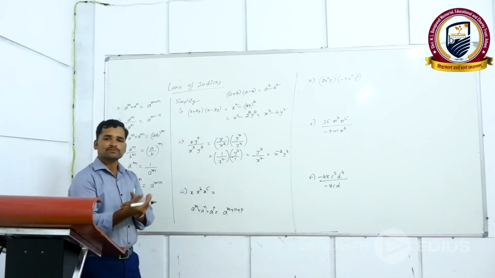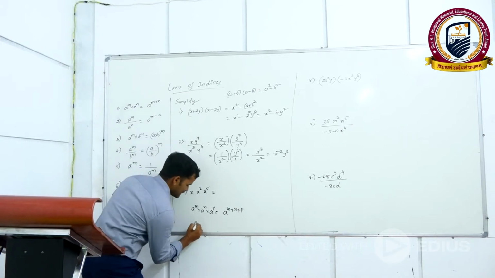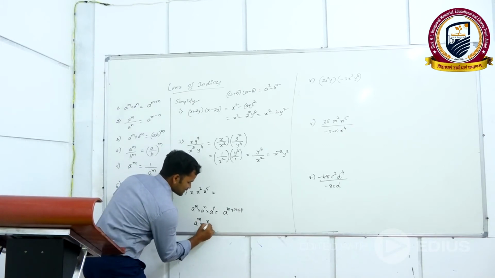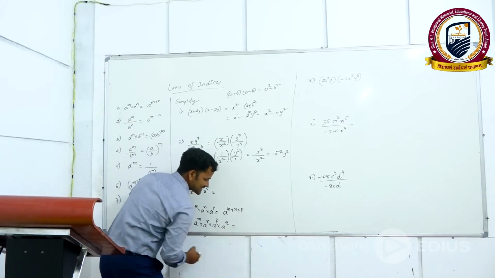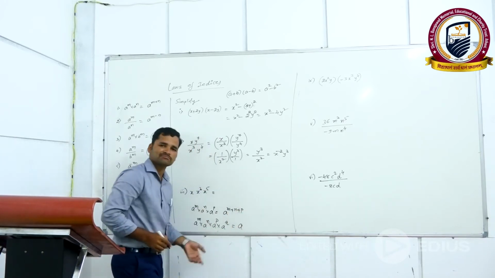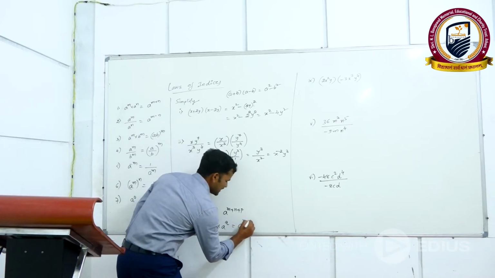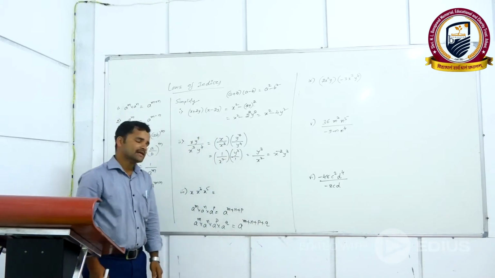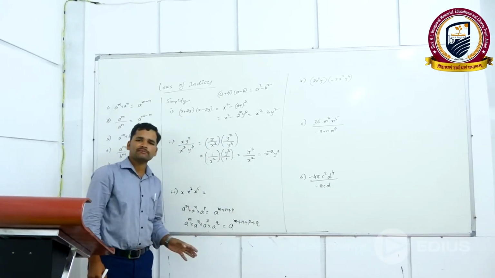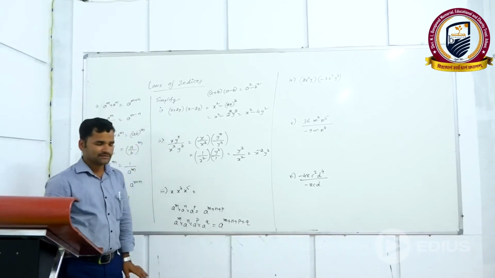Suppose there are 4 terms, what to do? a to the power m into a to the power n into a to the power p into a to the power of q. Again we can do the same thing. That means a to the power of m plus n plus p plus q. Suppose 5 terms, 4 terms, whatever may be. N terms you take, the same thing applies everywhere.